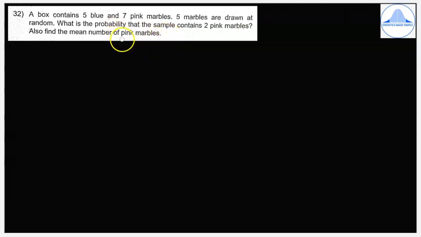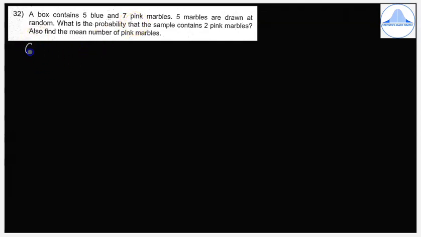The hypergeometric distribution has 3 parameters, n, a, and b. And because here the question is asked with respect to pink marbles, A will stand for the number of pink marbles, that is 7, and be careful that A is not 5, but A is equal to 7. This I have explained in the class as well.